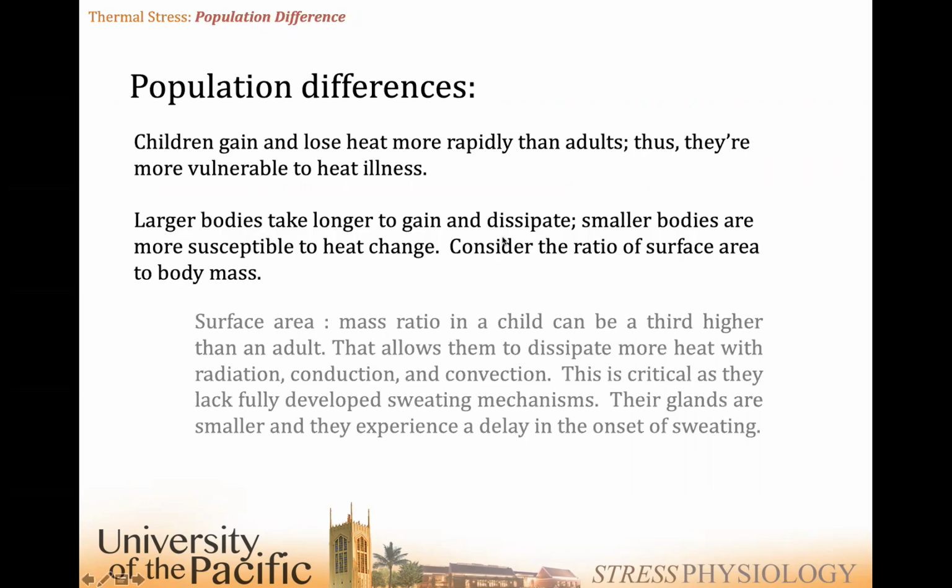Now, kids, old people, you have to be a little bit cautious. Old people don't sweat well. They're bad sweaters, and so they're going to dissipate heat poorly, which means their metabolism probably isn't great either. They're probably not generating that much heat.